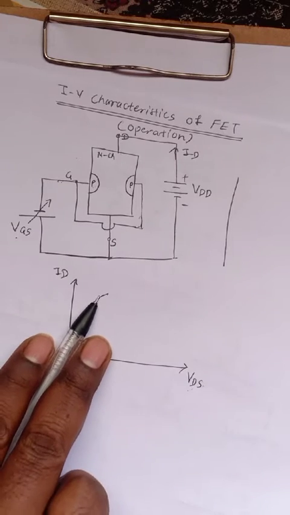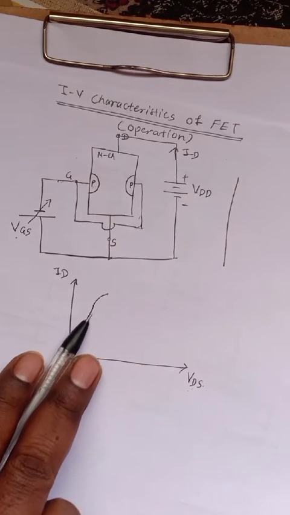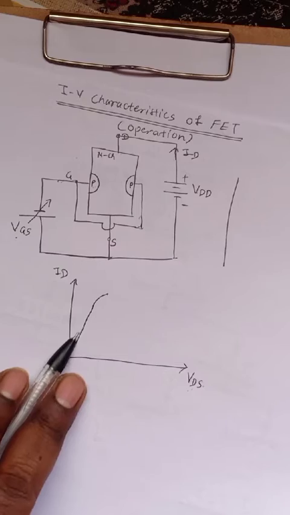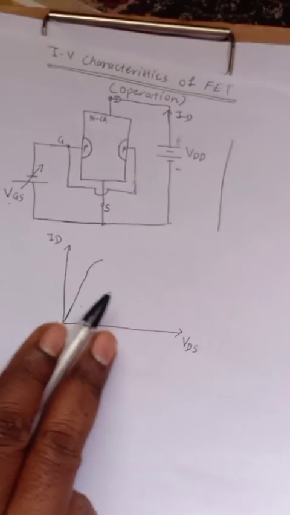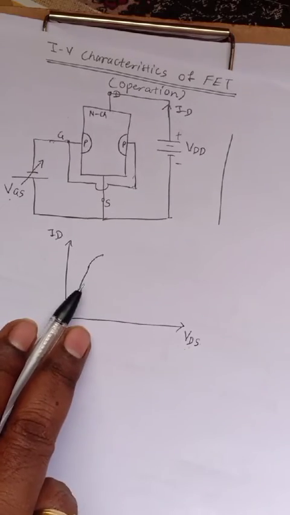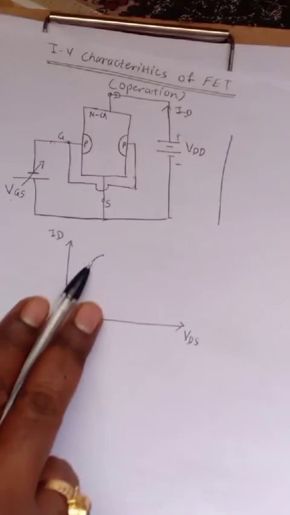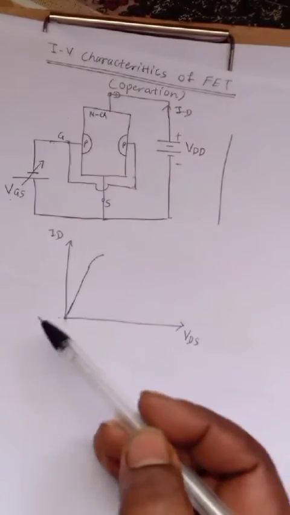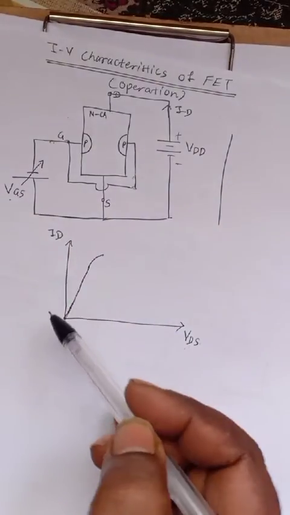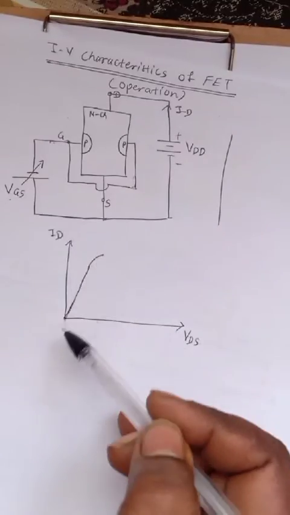That means this relation is just like a resistor. If we apply voltage to a resistor, vary it and measure the current, we see this relation between current and voltage. That means this semiconductor acts like a resistor initially.